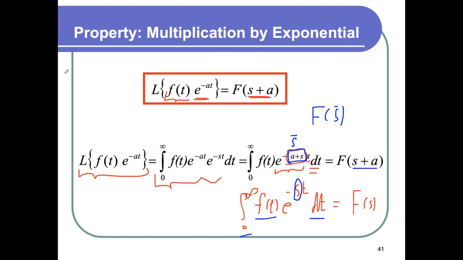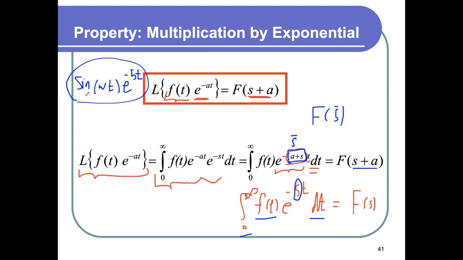So if I have, let's say, a sine function, sine omega t, and this sine is multiplied by some exponent, let's say e to the minus 5t. If you want to find the Laplace transform of this guy using the definition, then it might get harder to find the result.